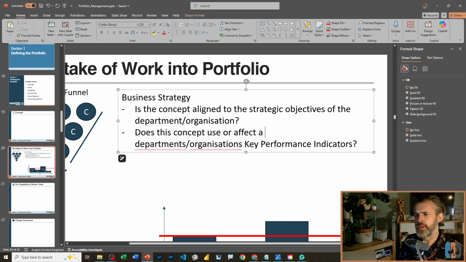There might be a circumstance where you're using a key performance indicator to do something, but the effect that the product will have is on a different performance indicator. So maybe this is going to be a bit confusing to say make use of or affect.